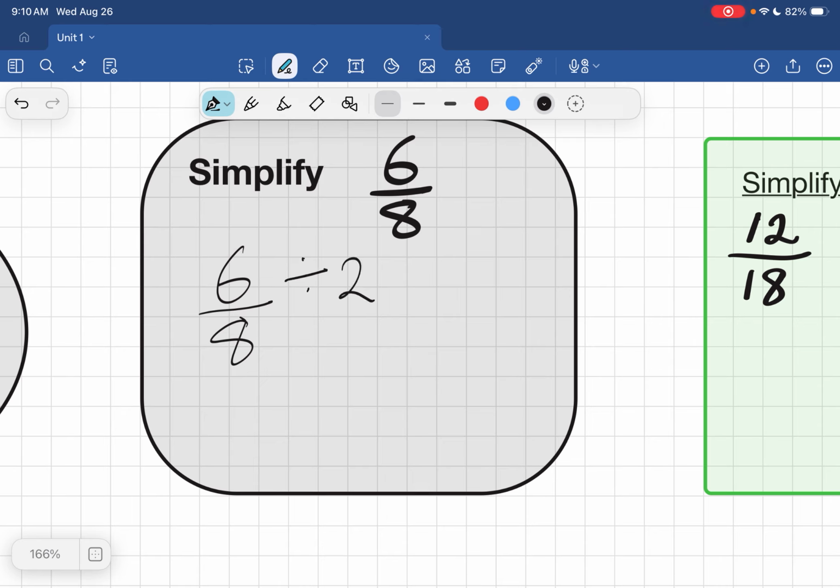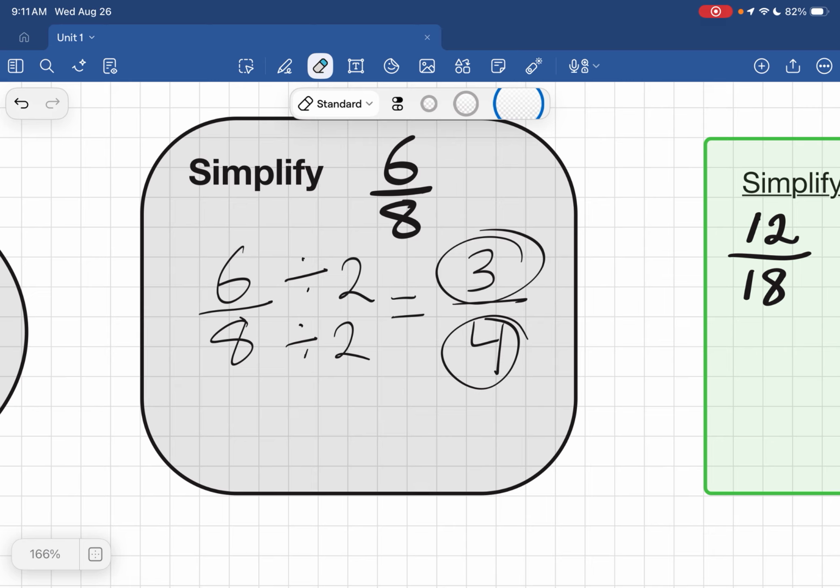Then we can divide the numerator by 2, the denominator by 2, and 6 divided by 2 is 3. And 8 divided by 2 is 4. Because both 6 and 8 are divisible by 2, 6 divided by 2 is 3. 8 divided by 2 is 4. So 6/8 simplifies to 3/4.